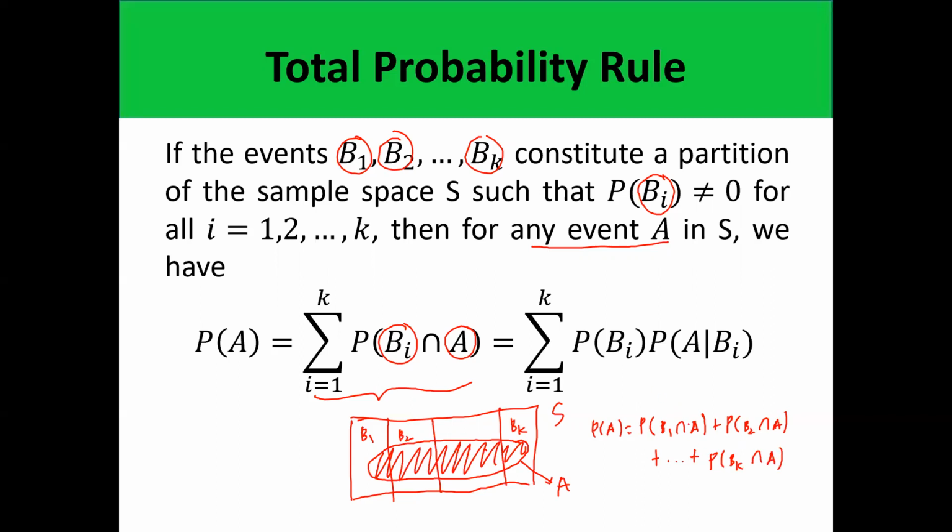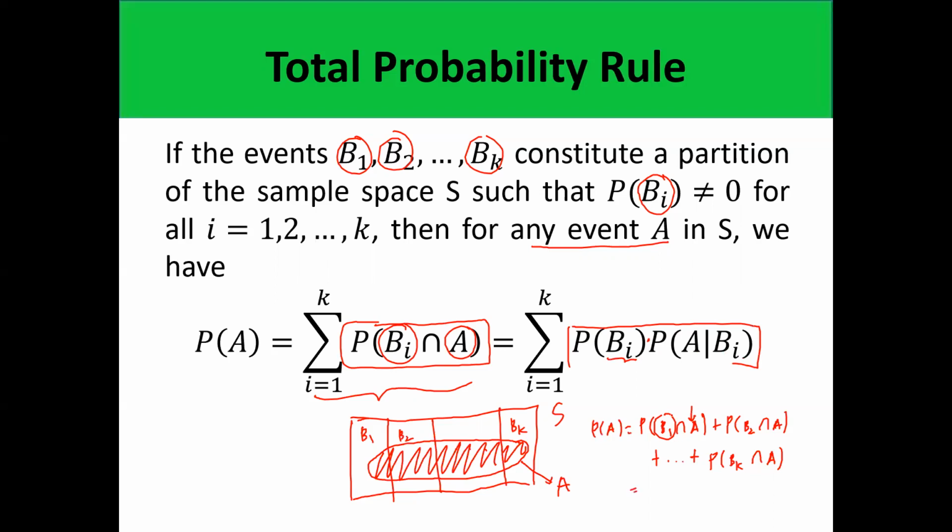However, if the probability of the intersection of each partition with A is not given, then we have to apply the multiplicative rule, which was learned in the previous video. You can replace each of these probabilities of the intersection with the probability of B sub i multiplied by the probability of A given B sub i.